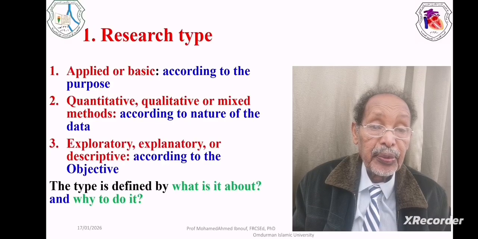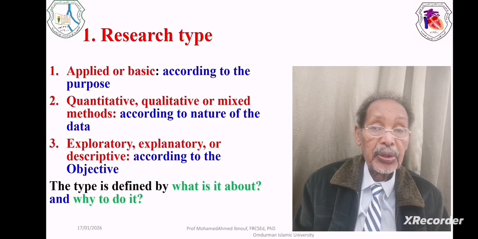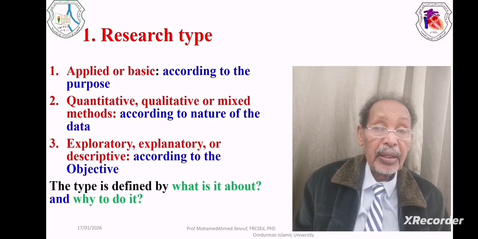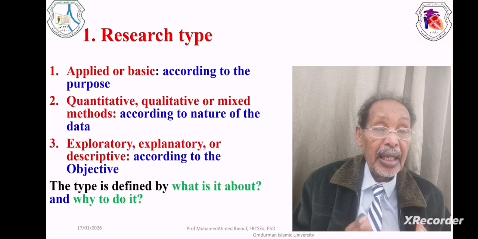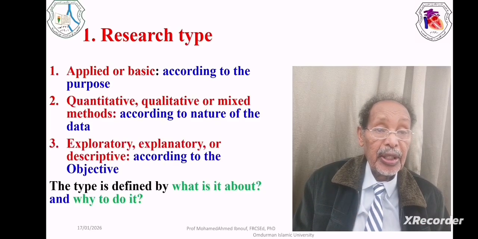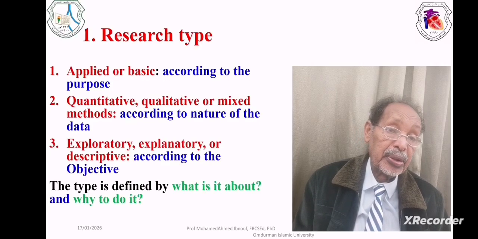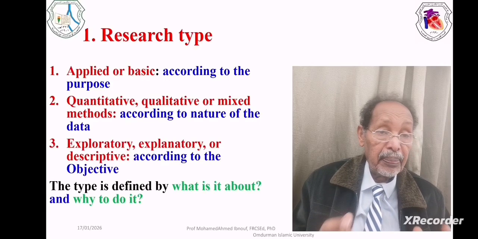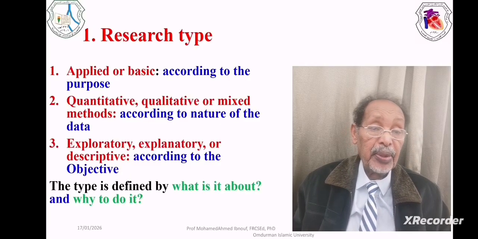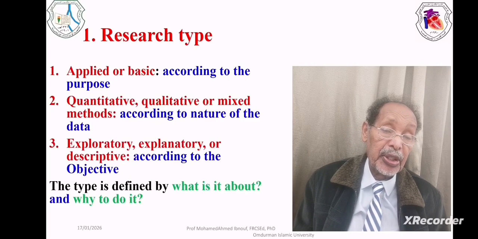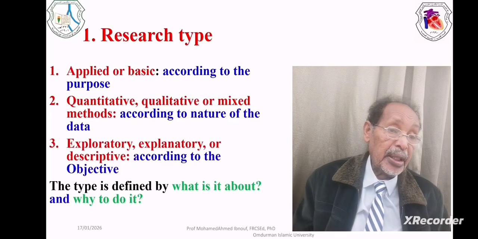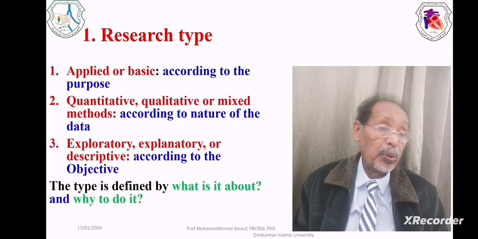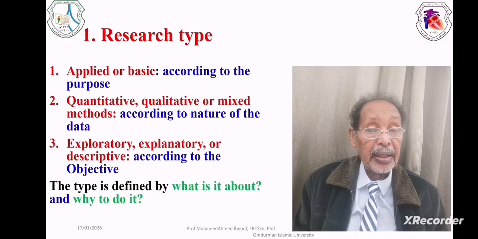Now we have to give some examples. In fact, just to reach the type of the research, one can ask, what is the research about? It is about solving an existing problem, then it is an applied research. It is about analysis of quantitative or qualitative data or mixed data.